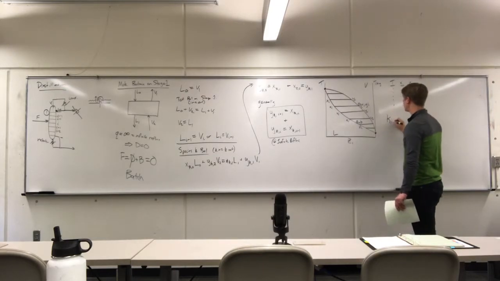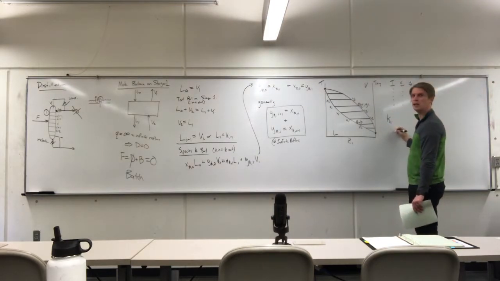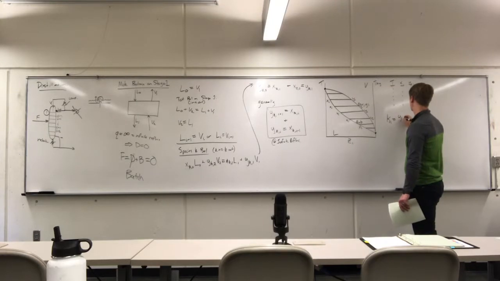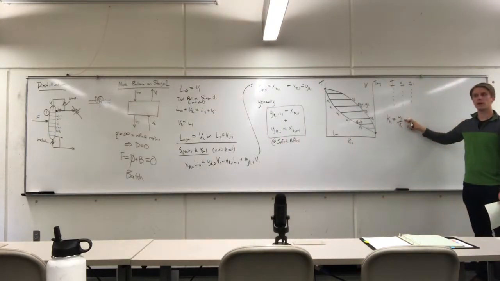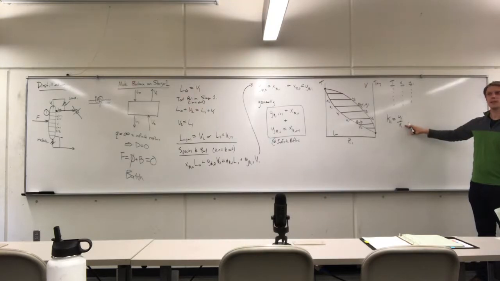Remember we defined a relative volatility, K, as the vapor mole fraction divided by the liquid mole fraction. This is exactly the partition coefficient that our seminar speaker was talking about with respect to pesticides. I was a little underwhelmed about the rigor associated with the thermodynamics, but I think it's sort of a consequence of the complexity of the system to some extent.